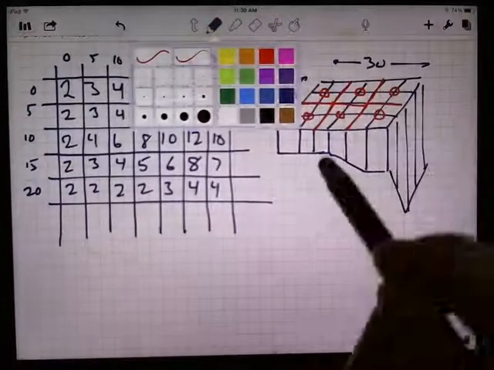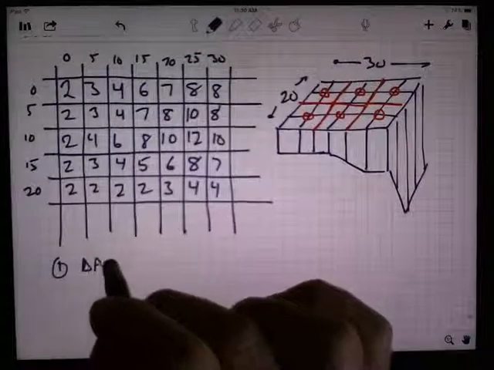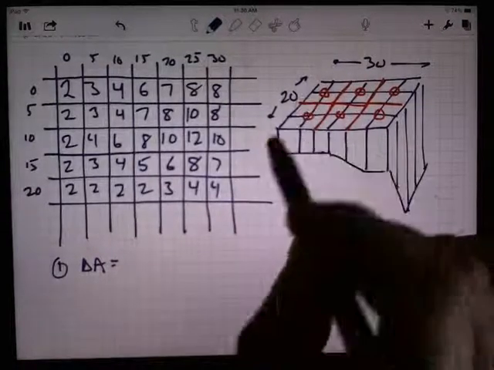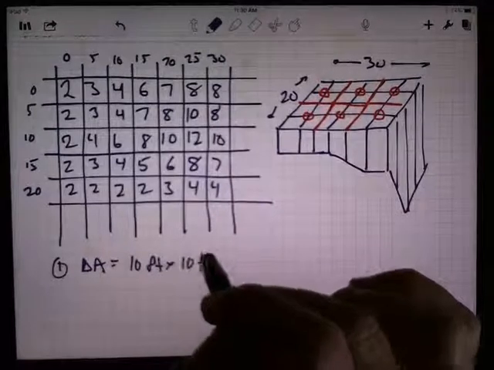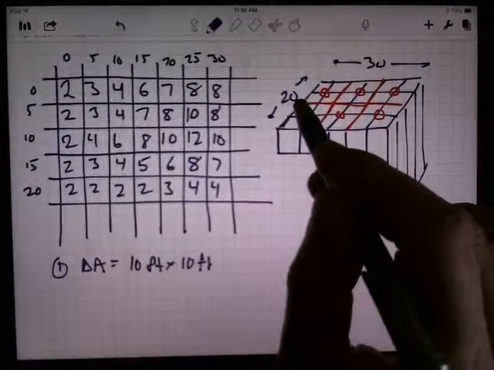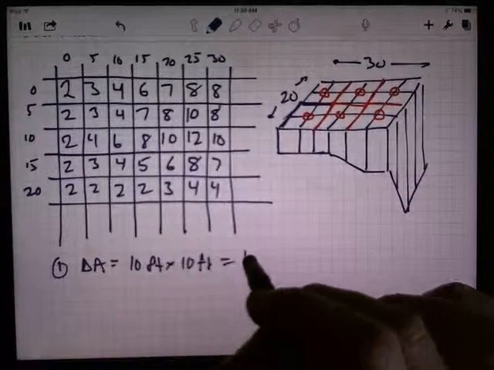So here we go, method 1. My delta A is going to be 10 by 10, so 10 feet by 10 feet. Okay, so 10 feet on this side by 10 feet on that side, which would be 100 square feet.